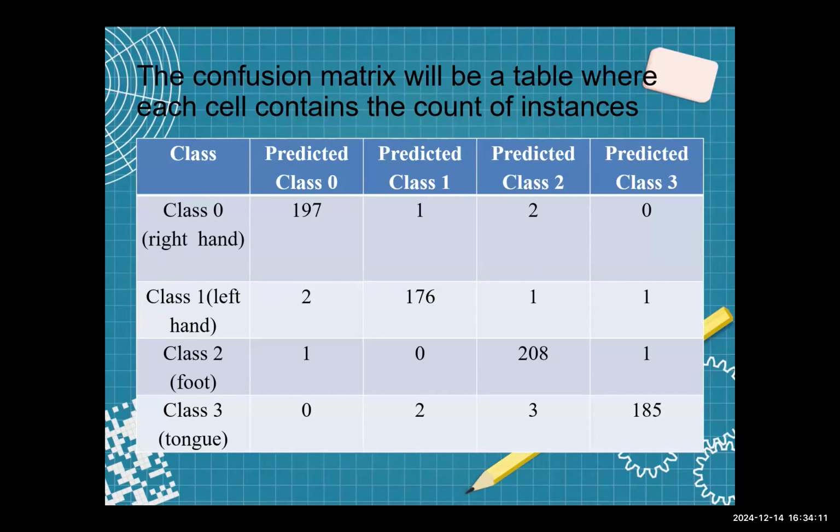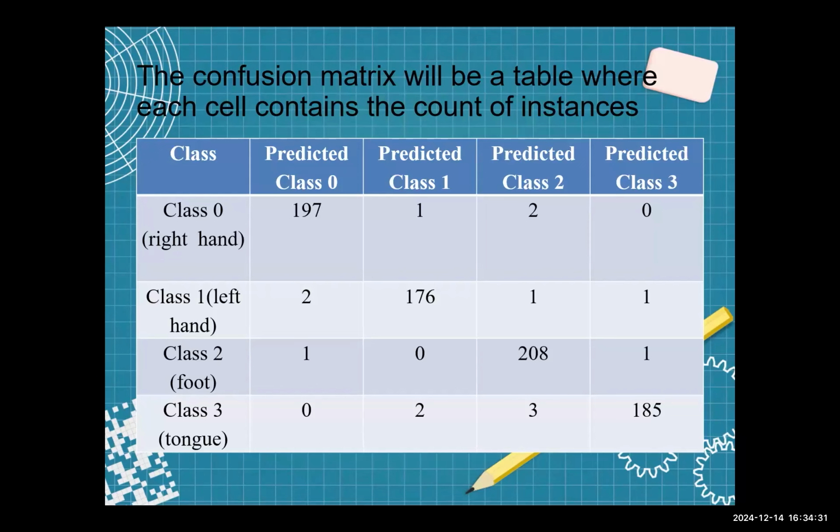Why? Because it is actually class 1. Hence, 176 exactly predicted. Next, coming to class 2, that means foot. Here, class 1, class 0, wrongly predicted 1, class 3, wrongly predicted 1.